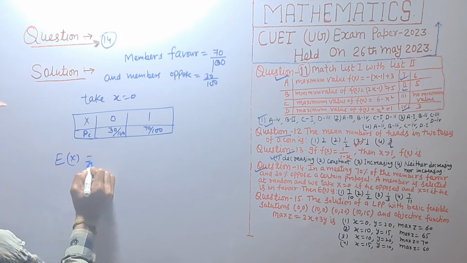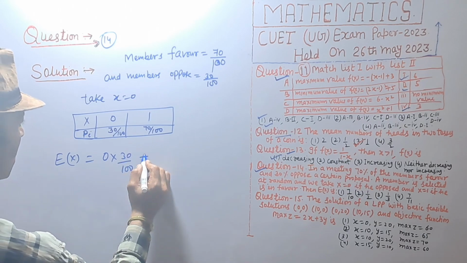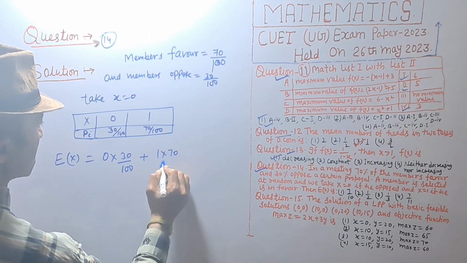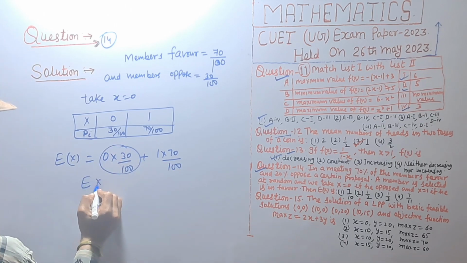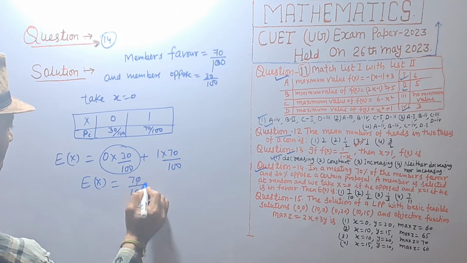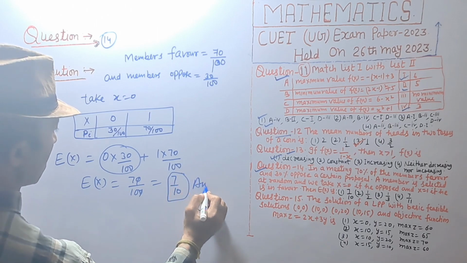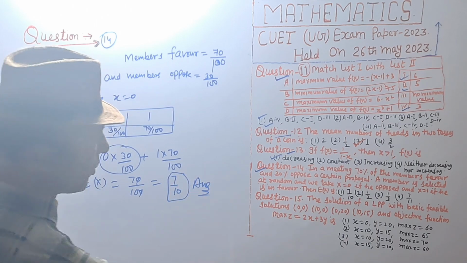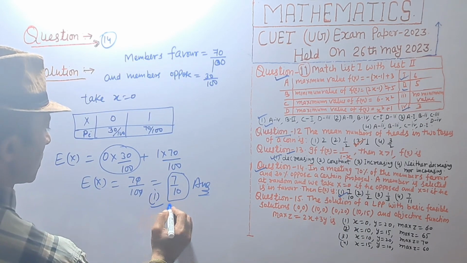Expected value of x is equal to 0 into 30/100 plus 1 into 70/100. This will be 0. Expected value of x is equal to 70/100, that is equal to 7/10. Answer option A. First option is the correct answer.